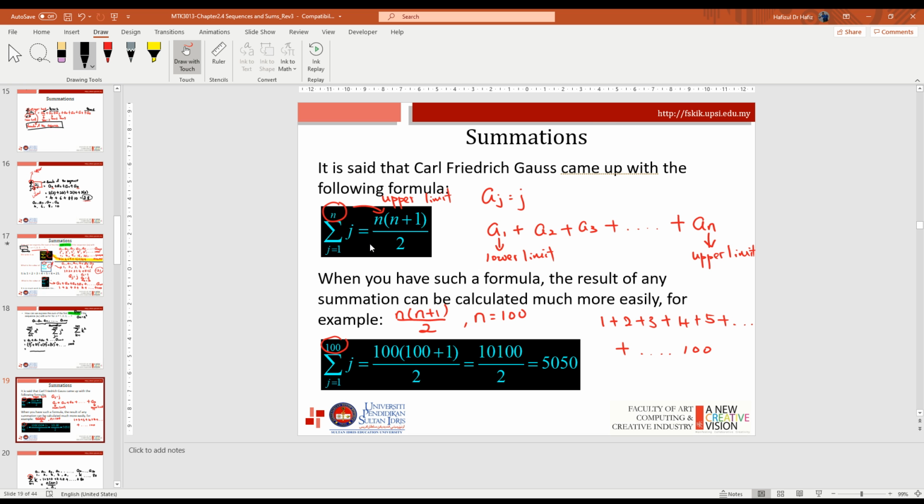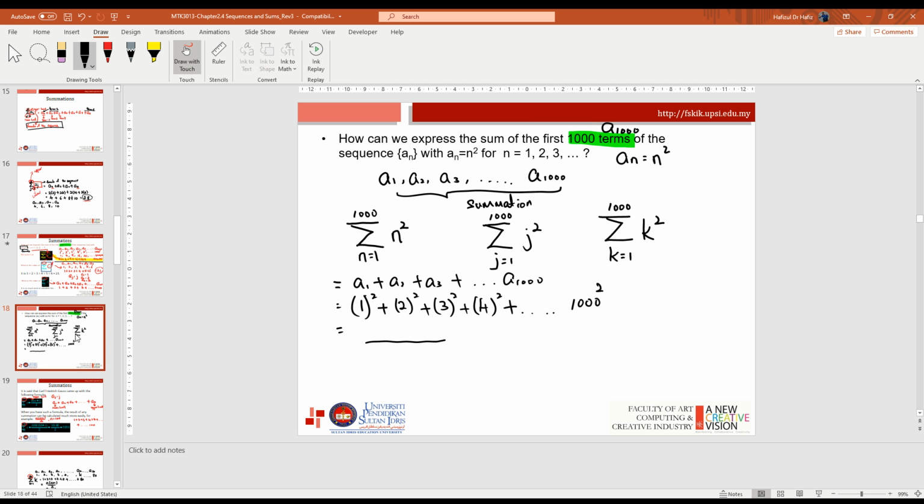So we generate a simple calculation or formula.